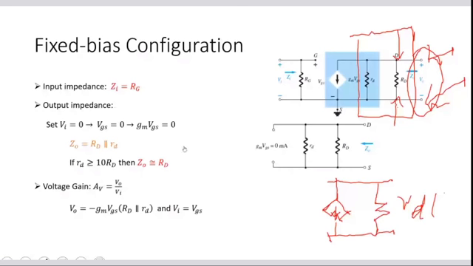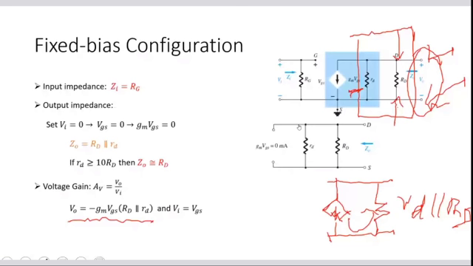Through this, the current is gm into VGS. That's why Vo is equal to minus gm into VGS, with the minus sign because the output current direction is different from the gm into VGS direction. It is multiplied with RD parallel with small rd.